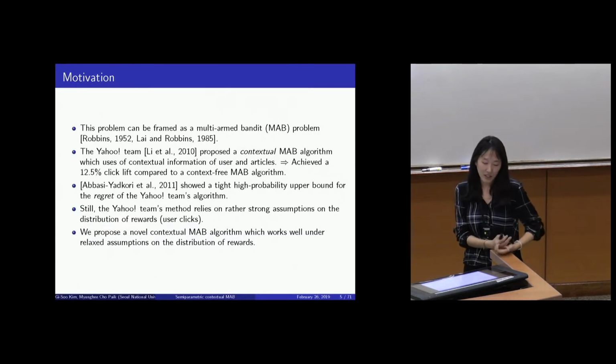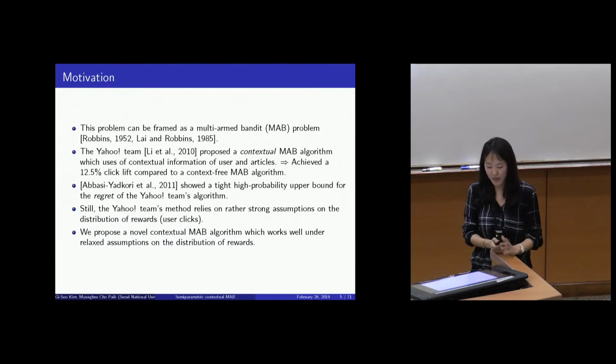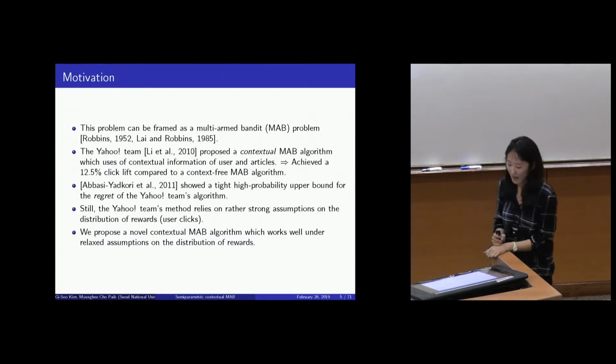And recently, researchers at Yahoo proposed a contextual bandit algorithm which uses side information of the user and articles. And they increased the total number of clicks by 12.5% compared to a context-free bandit algorithm.